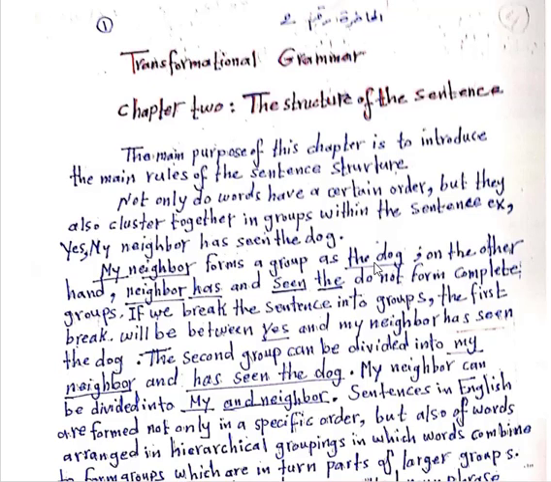How do we know my neighbor forms a group? Because it consists of two words, my and neighbor. My and neighbor form a group, as the dog consists of two words, the determiner and the word dog.